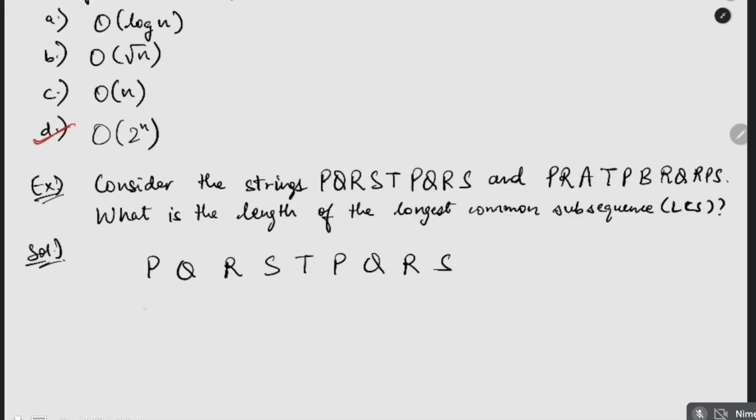So let's say x is this and our y is p or a t p b or q or p s.